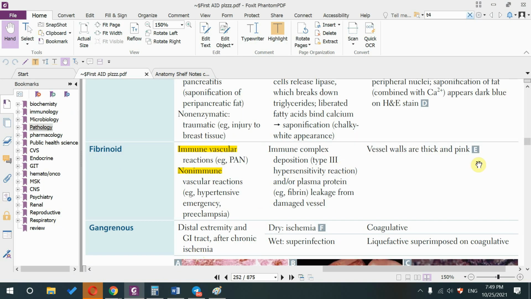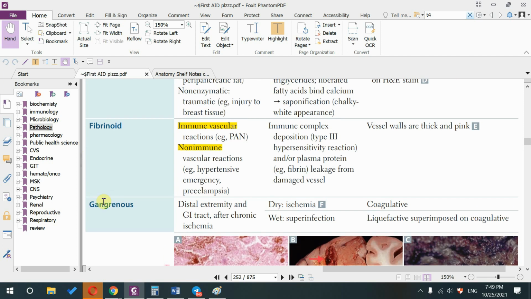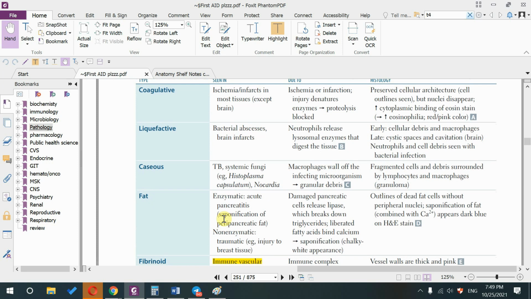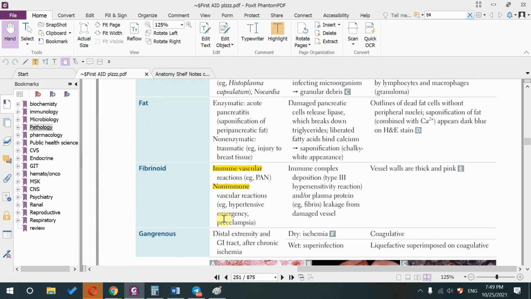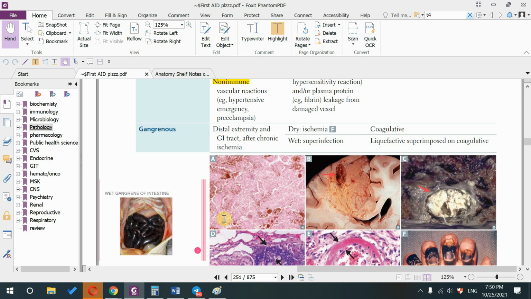Okay, so the fibrinoid vessel walls are thick and pink. Let's take a look at that. Can you see the pinkish material accumulating inside of the wall? Excellent, good. Okay, the last one of these necrosis types. So we spoke about coagulative, liquefactive, caseous, fat, fibrinoid, and now gangrenous. Gangrenous, we all heard about it at one point in our life.